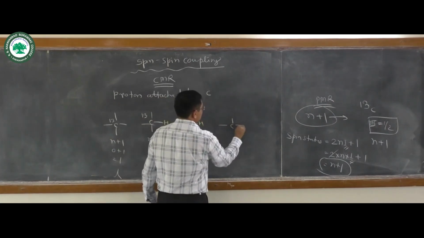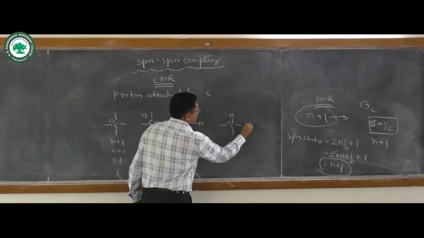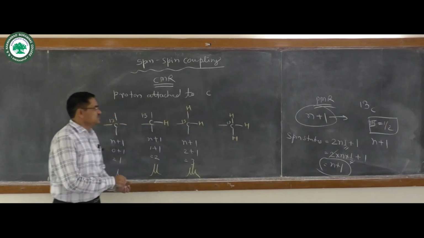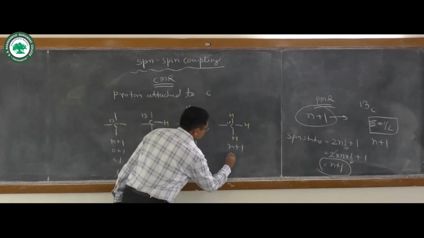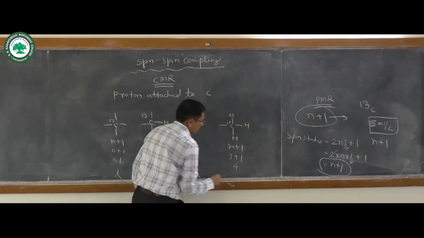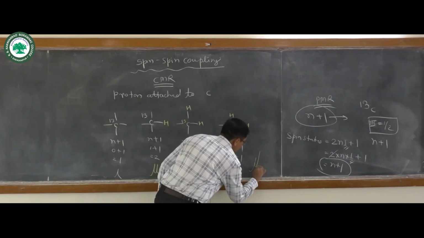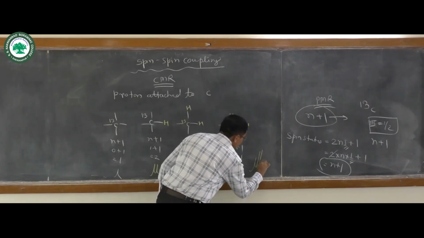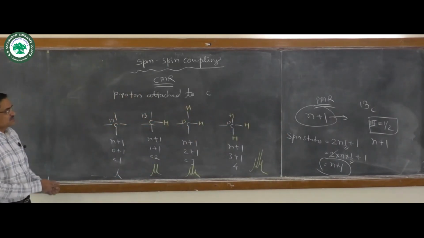And suppose 3 protons are attached, then as per the formula n plus 1, 3 plus 1, it gives 4 lines, and 4 lines look like this.